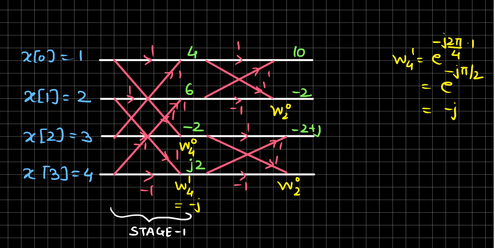Similarly, the value that we have here would be minus 2 minus j2 into W2 to the power 0, but this is again 1, so we have it as minus 2 minus j2, and this completes the stage 2.